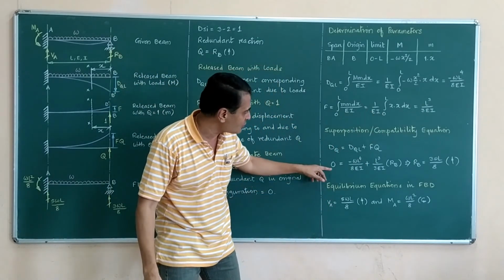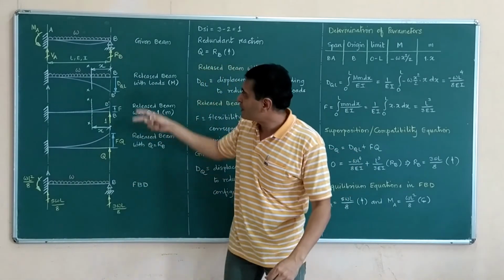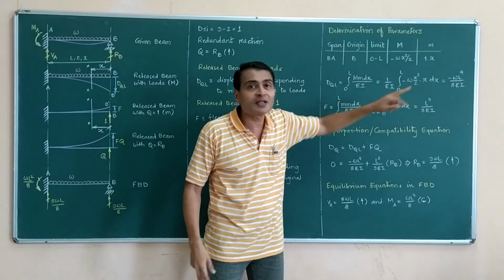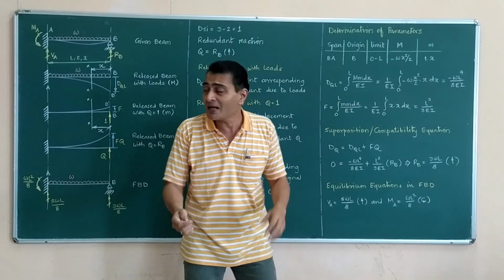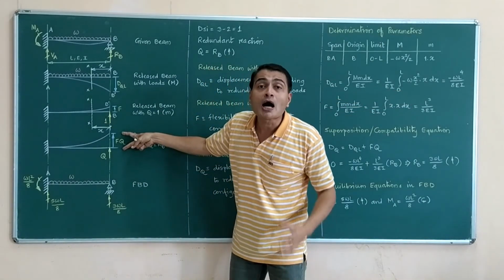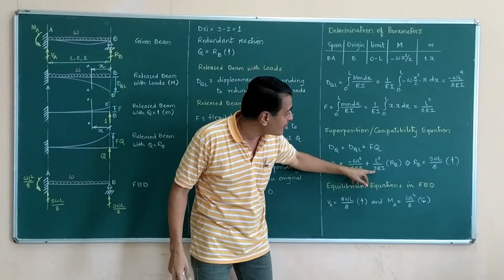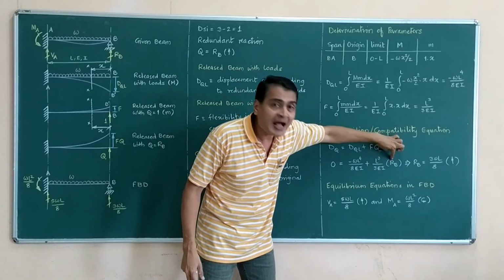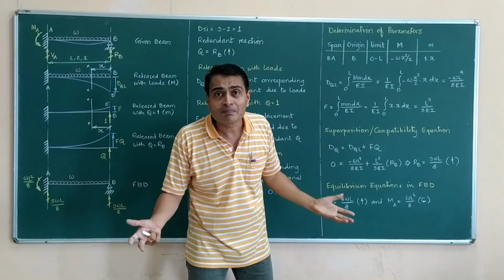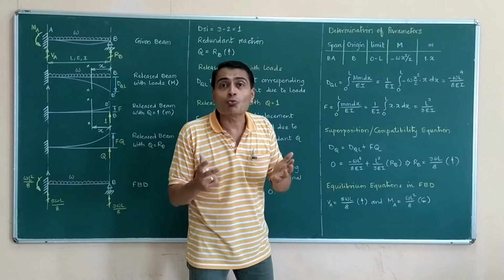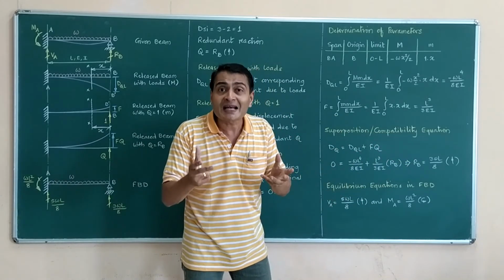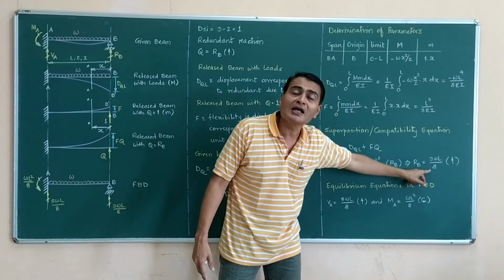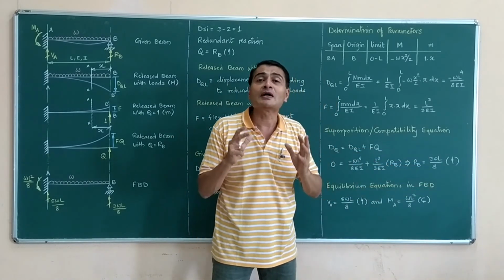So I am writing here 0. dqL, that means this deflection which we have calculated as negative wL raised to 4 upon 8 times EI, and F into Q, out of which F we have calculated as L cube upon 3 EI, and for Q I am substituting RB. This is one equation in one unknown RB, so I directly get my first answer. RB is equal to 3wL upon 8 vertically upwards.